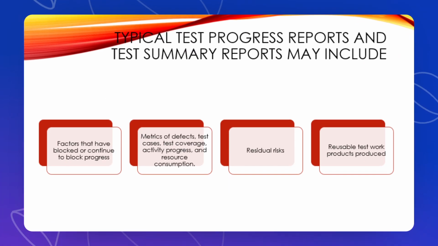They may also include factors that have blocked or continue to block progress, metrics of defects, test cases, test coverage, activity progress, resource consumption, residual risks, and reusable test work products produced.